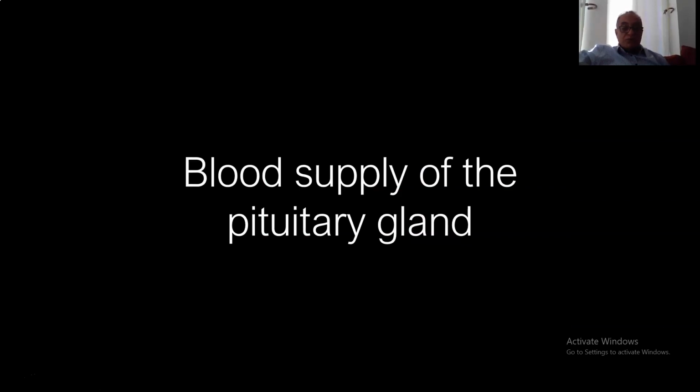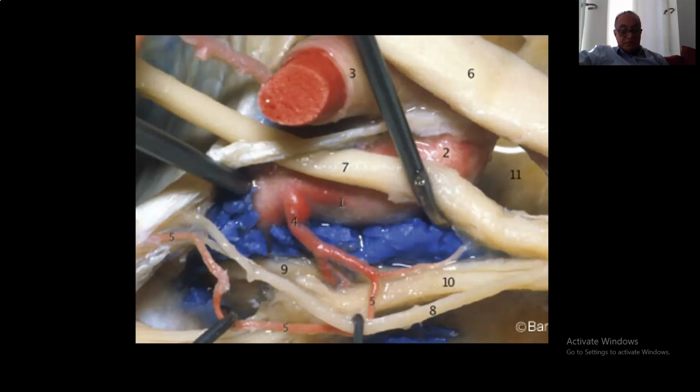We have to discuss always the blood supply of the pituitary gland with the hypothalamus, and this is a view of the cavernous sinus on the right side. This is taking out the lateral wall of the cavernous sinus, showing the nerves. You will find here that there is one artery arising from the internal carotid artery immediately after it enters the intracranial cavity from the distal ring, and going medially, it is the only medial branch of the carotid, the superior hypophyseal artery, and also posteriorly there is the meningohypophyseal trunk.